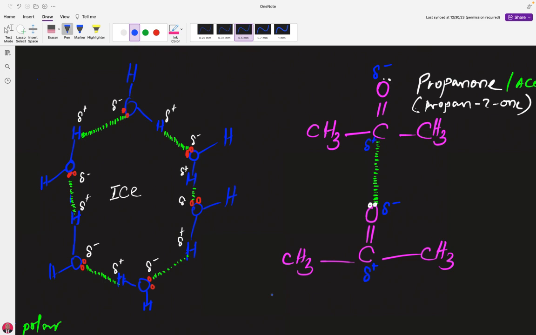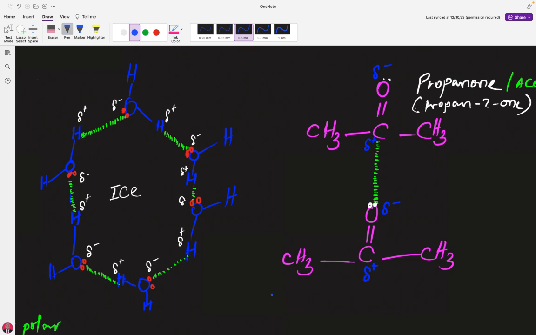Then a polar molecule, like sulfur tetrafluoride, SF4. They are polar molecules. They have dipole-dipole forces as well as London dispersion forces.